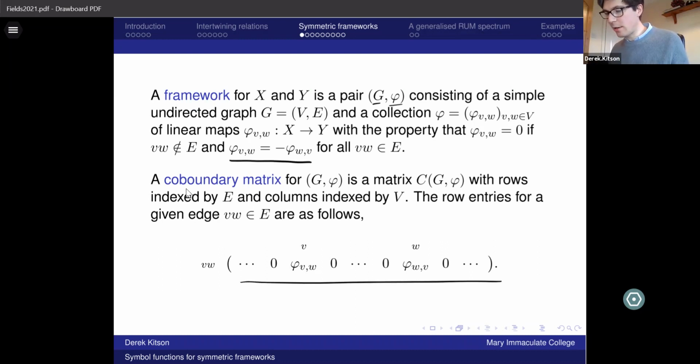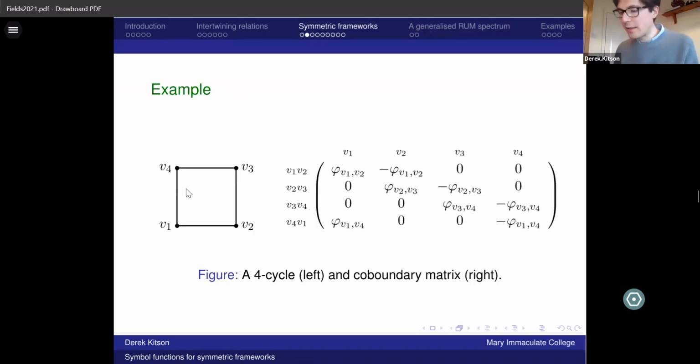We just plug in, instead of our PV minus PW, our linear constraints or linear functionals here. So for example, if I gave you a Fourier cycle, you could write down a nice co-boundary matrix. We're not specifying points P in space, we're just specifying linear functionals in the entries there, and that's what it would look like.